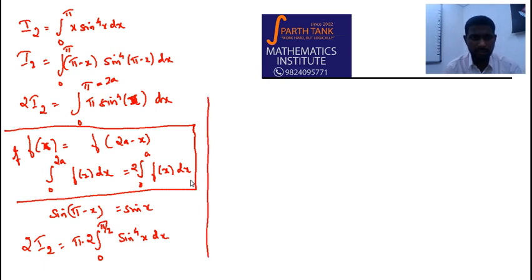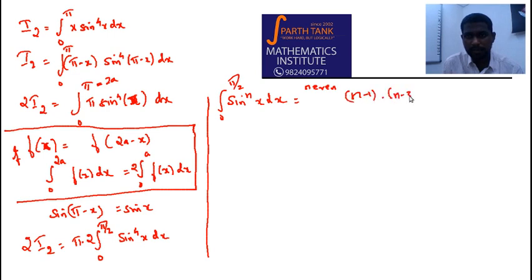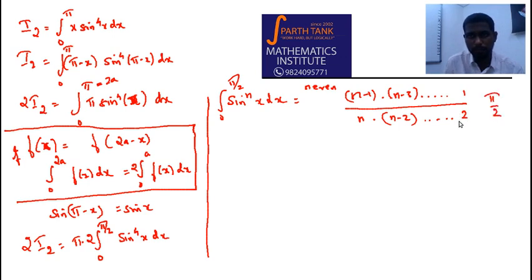Now these have simple rules, right? If sine power nx dx from 0 to pi by 2, when n is even, can be written as starting from n minus 1, n minus 3, you go on up to 1, and the denominator is starting from n, you go to n minus 2 and so on up to 2, and you put a pi by 2.